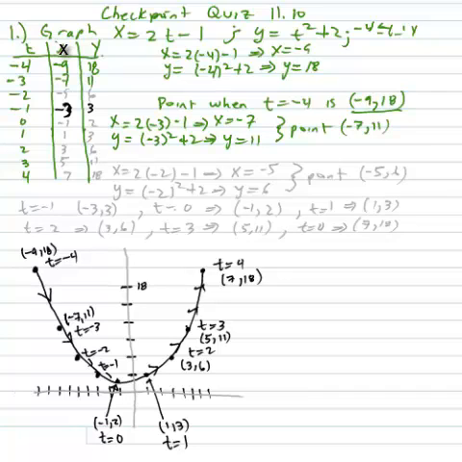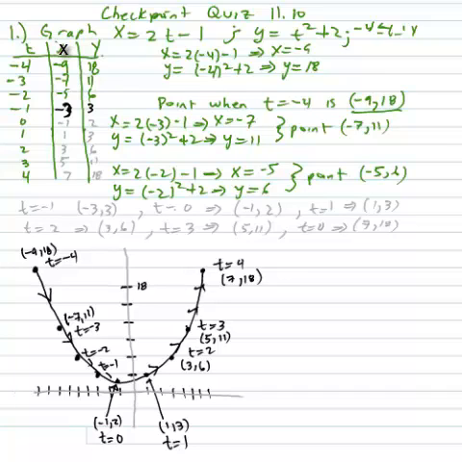When t is equal to negative 2, we have 2 times negative 2 minus 1, which gives x equals negative 5. And the y value, negative 2 squared plus 2, gives y equals 4 plus 2, which is 6. And so there's our point, (negative 5, 6).